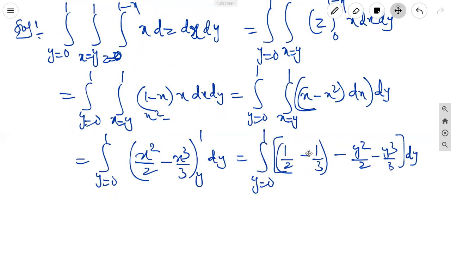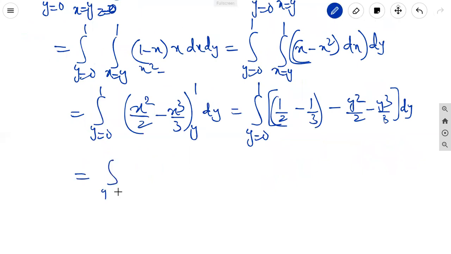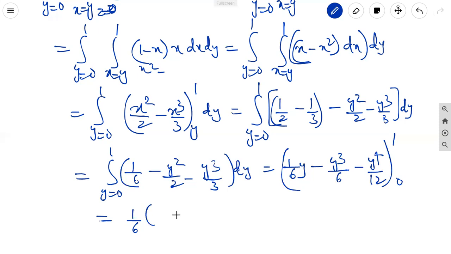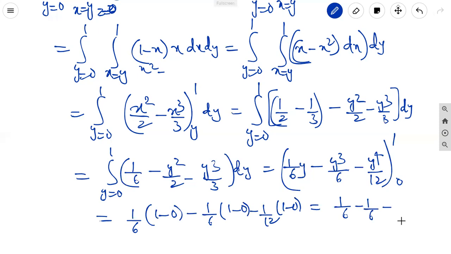Taking the LCM, it is equal to integral y equals 0 to 1, (3 minus 2) 1 by 6 minus y square by 2 plus y cube by 3 into dy, equal to 1 by 6 y minus y cube by 6 plus y to the power 4 by 12, limits from 0 to 1, equal to 1 by 6 (1 minus 0) minus 1 by 6 (1 cube minus 0) plus 1 by 12 (1 minus 0). 1 by 6 minus 1 by 6 plus 1 by 12. These two get cancelled. Plus 1 by 12 is the answer.